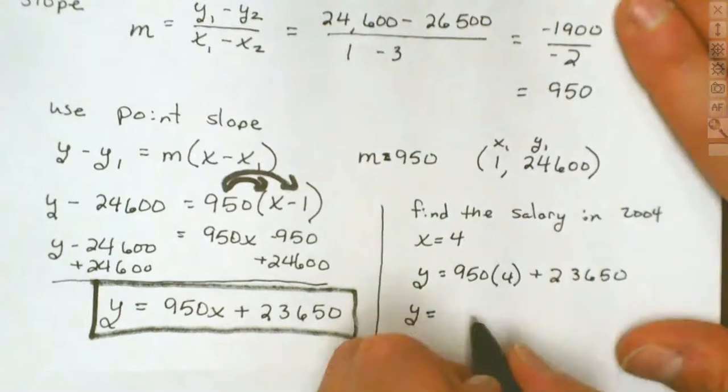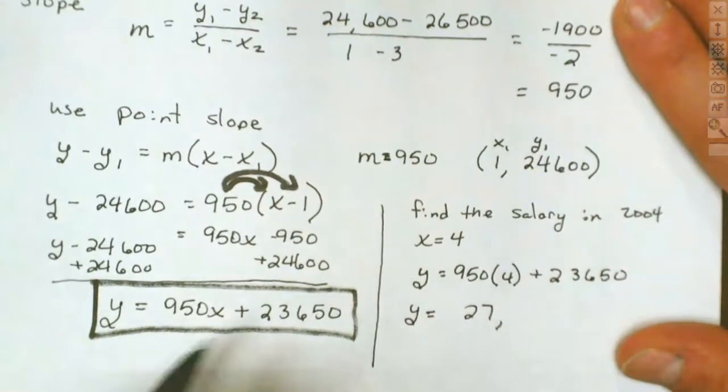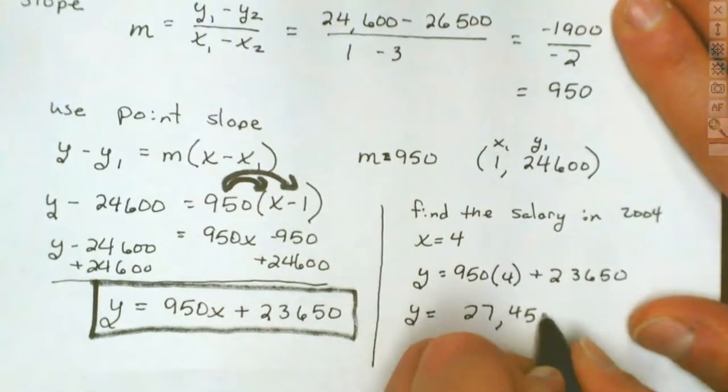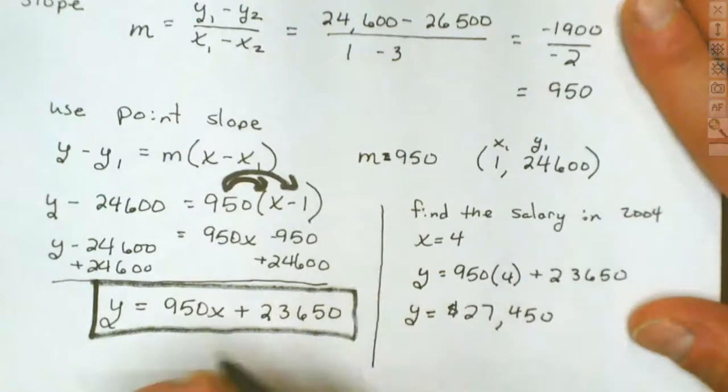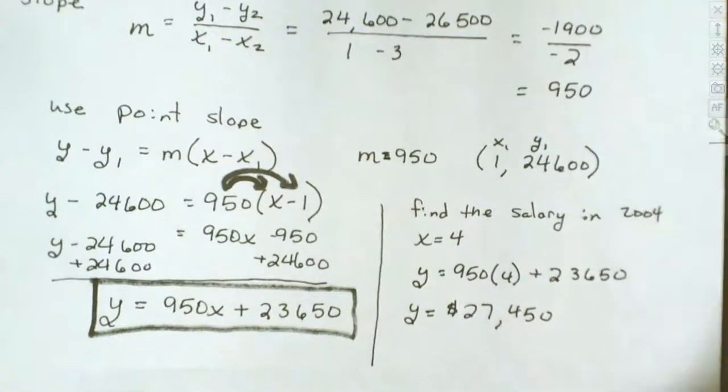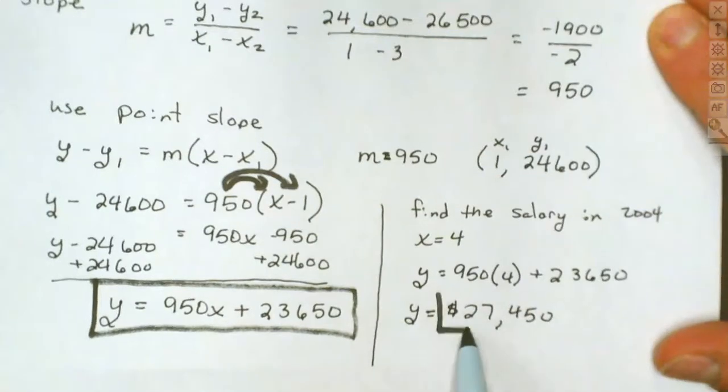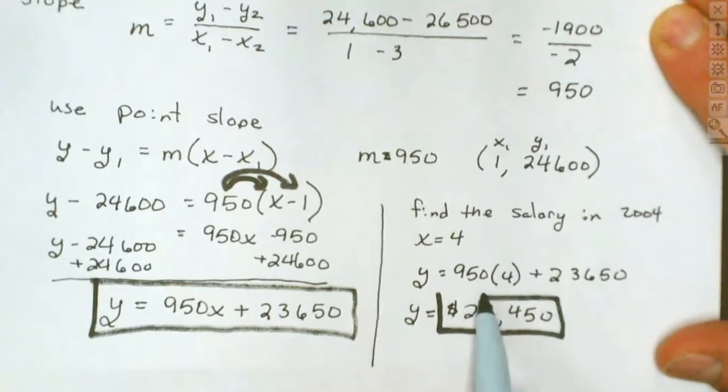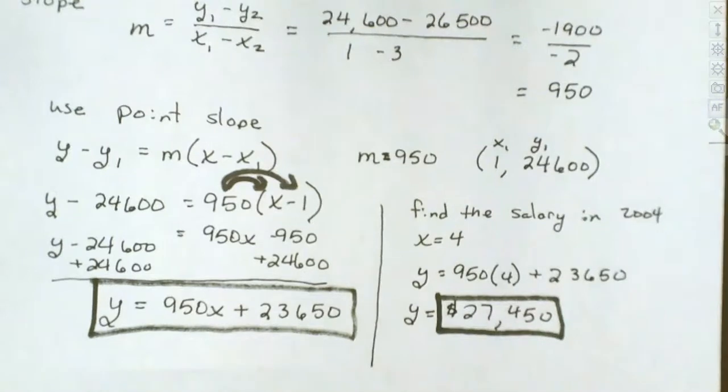That gives you now $27,450. Okay. And that's real close to the $27,200 that you actually got. So you can make a model to kind of predict in the future a little bit. And that's what they use.